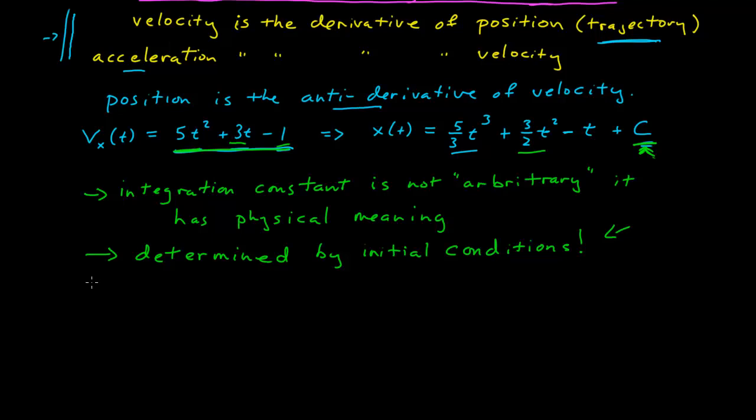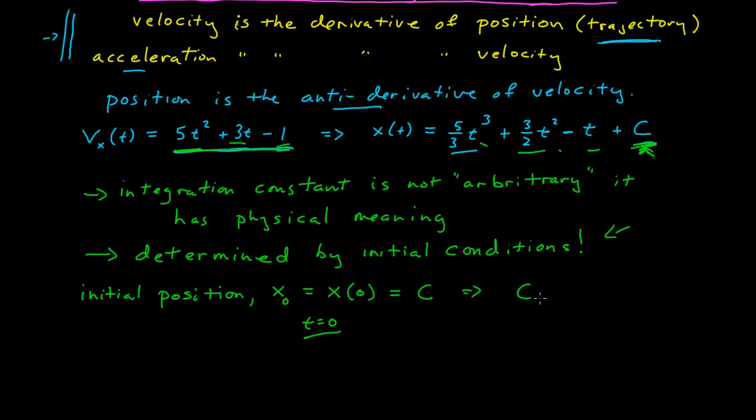Well, what does that mean? Our initial position, which we've dealt with before, we like to give it a special name because it has special significance. Our initial position is in fact the trajectory at t equal to 0. That's what we mean by initial position. Well, if we evaluate our trajectory at t equal to 0, all these terms are 0, and we end up with c, this constant at the end of our antiderivative.